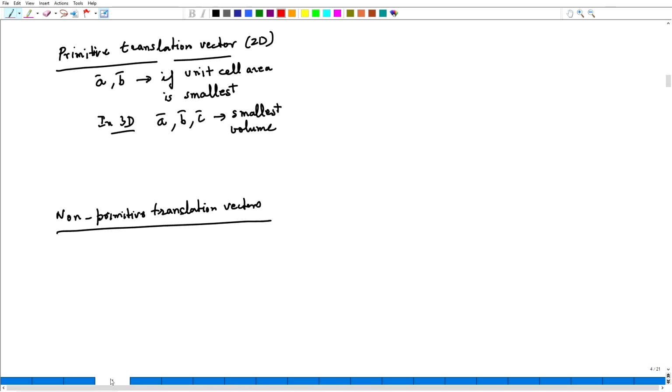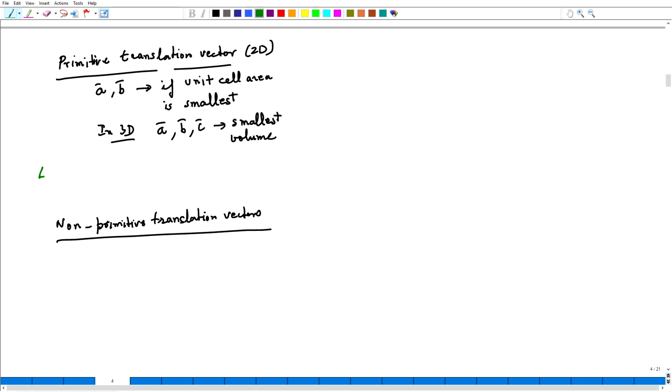Now, does that make a difference? Well, in a sense, if I now have to think about a lattice translation vector, which describes all the lattice points, the lattice translation vector, say R, is defined as N1A plus N2B, where N1 and N2 are integers.